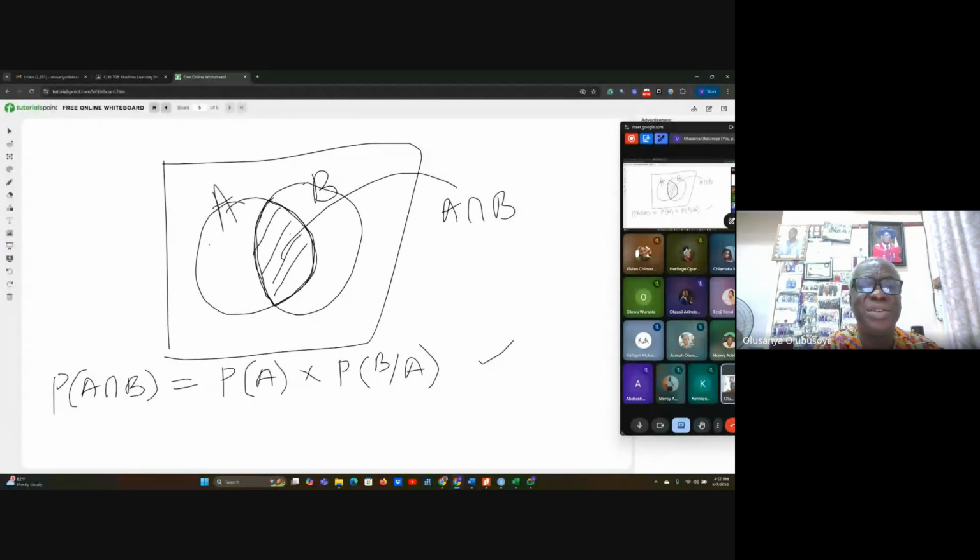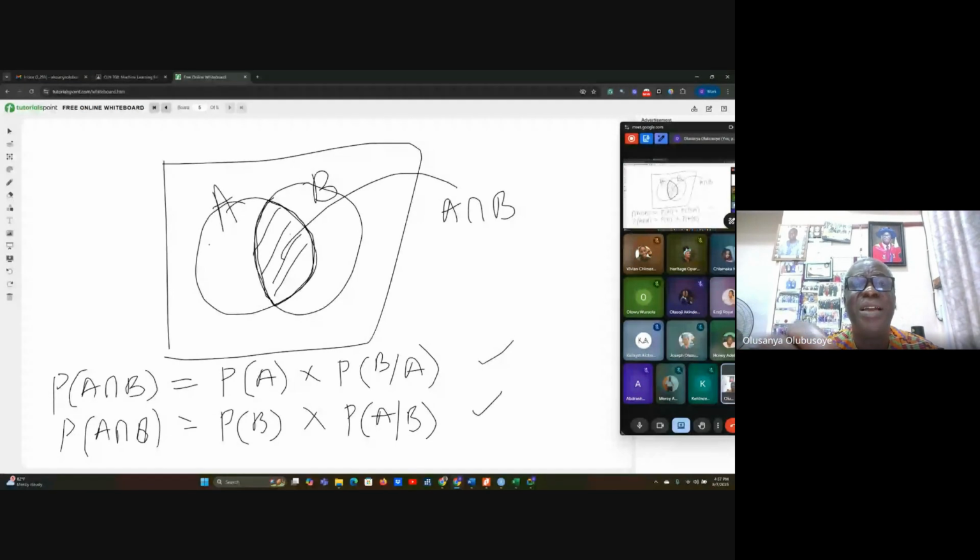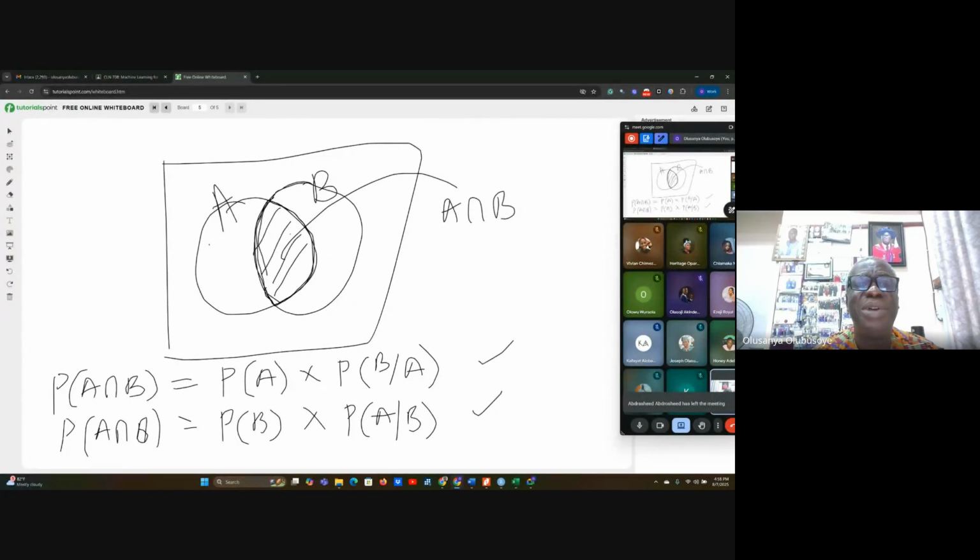This same expression could be written as the probability of B times the probability of A given B. Again, I could say this is the probability of B multiplied by the part of A that is in B. So again, you have that.